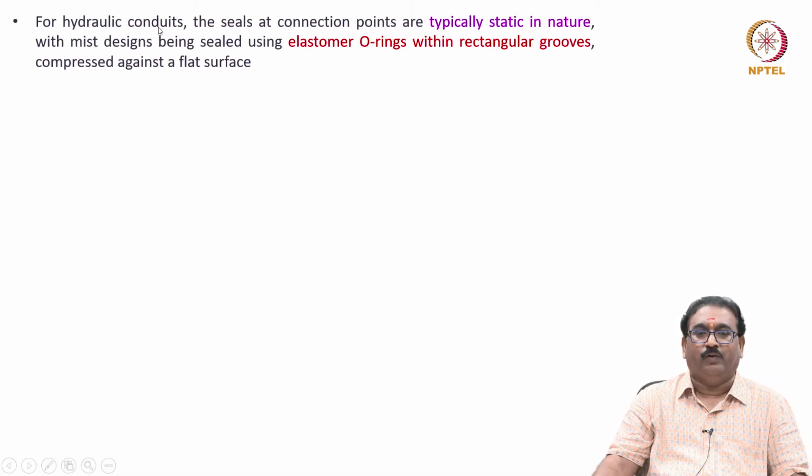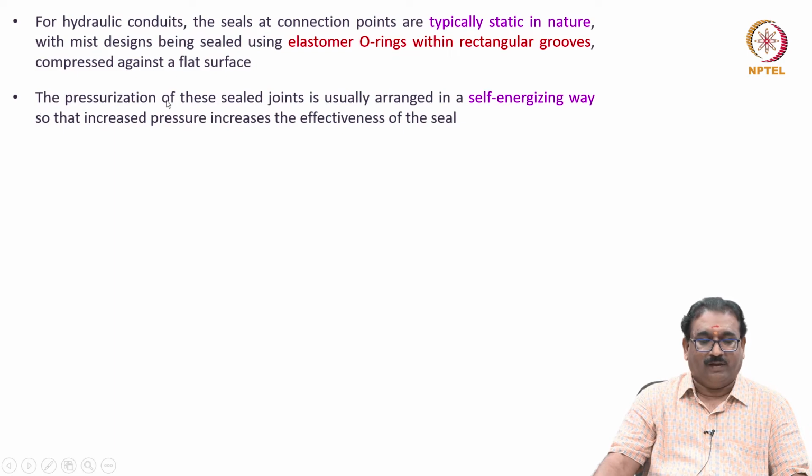For hydraulic conduits, the seals at connection points are typically static in nature, with the most designs being sealed using elastomer O-rings within rectangular grooves compressed against a flat surface. The pressurization of these sealed joints is usually arranged in a self-energizing way, so that increased pressure increases the effectiveness of the seal.